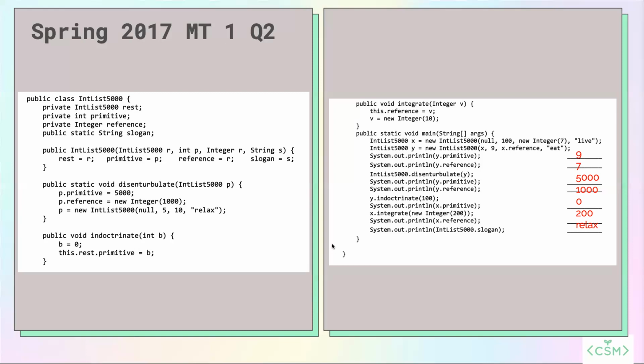I think usually you would keep the class and then the method separate. So let's see. I think in this case, public static void disinterbulate is inside public class IntList5000.